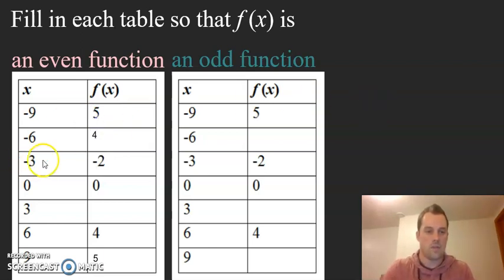And then negative 3 gives us negative 2, so positive 3 should also give us a negative 2. Right? And then we go through the origin 0, 0, which we need for both an even and odd function.